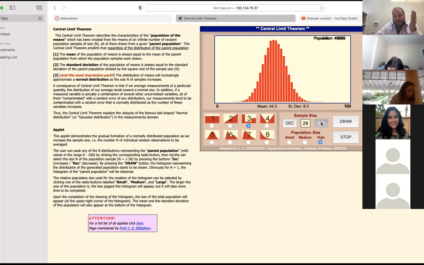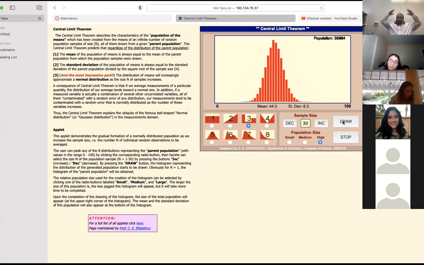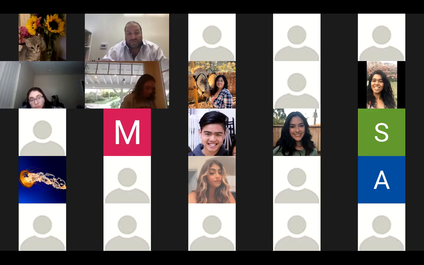How high can I go? 20, 30. By the time I reach 30, beautiful. Even by 8, it was already looking like a bell curve. So this is the idea of the central limit theorem.